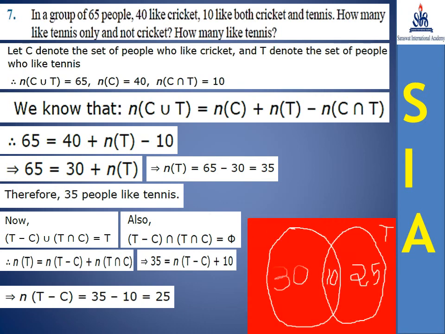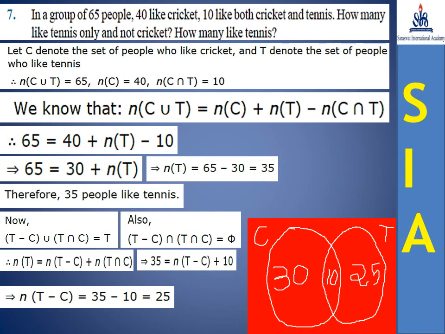Venn diagram, I think you easily understood, because in the common intersection, the people who like both cricket and tennis are only 10, and the total tennis we have to calculate is 35. So here 35 minus 10 becomes 25, which is my answer for only tennis. And if you ask for only cricket, then 40 minus 10, write down, it is 30.